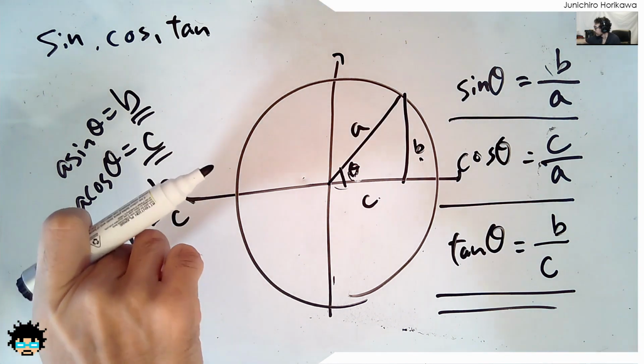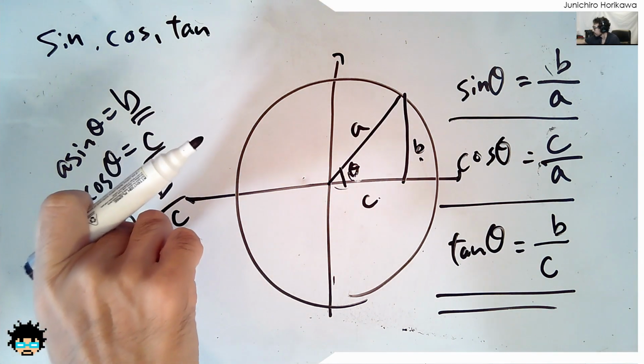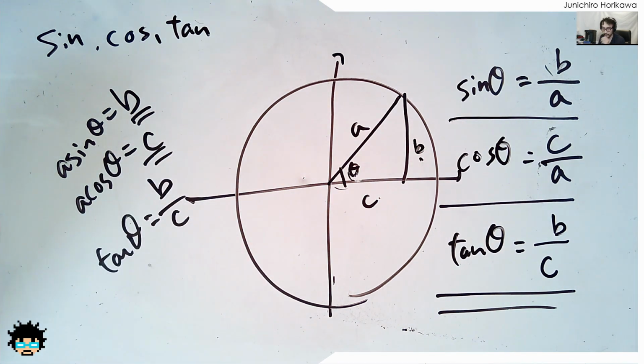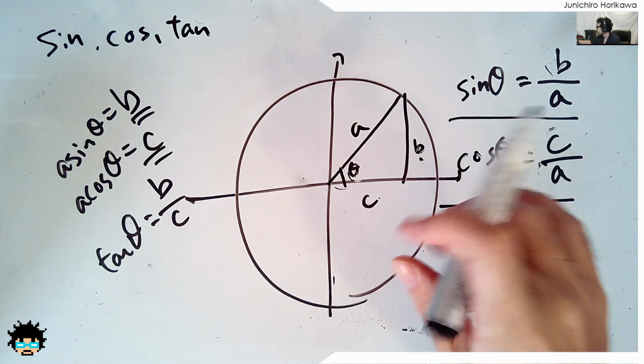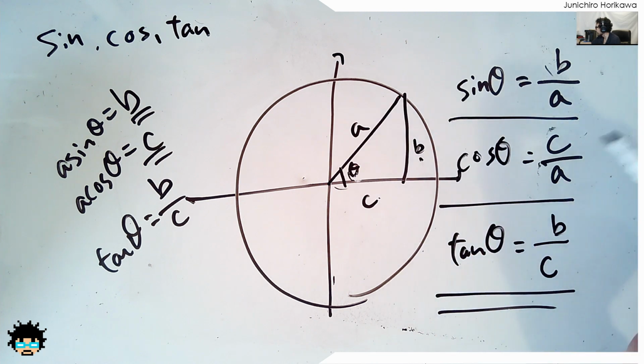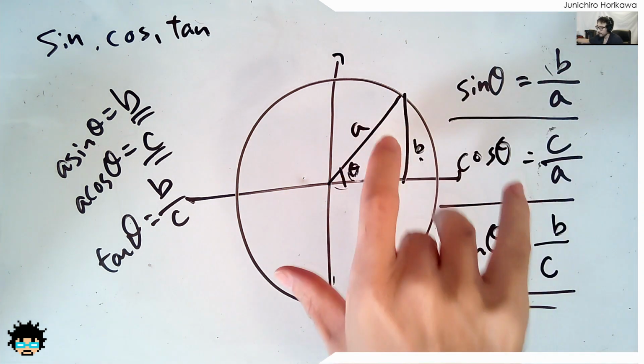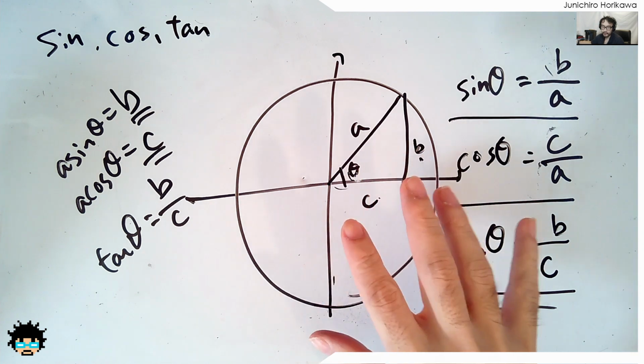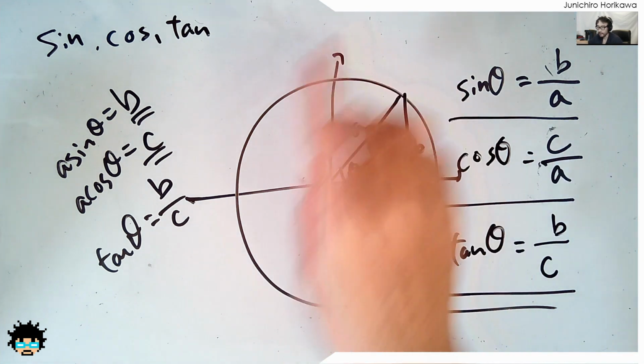I'm going to explain how you extract the actual angle from the tangent theta later on, but you can also extract the angle itself by having two of the edge lengths, same for the other functions as well. So that's how powerful this trigonometry is. You can estimate the other information about this triangle by having just two pieces of information out of these.